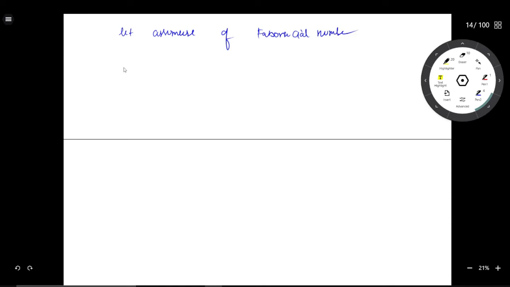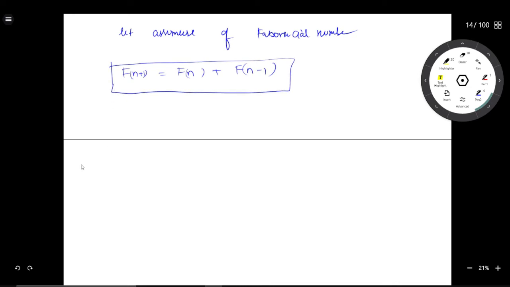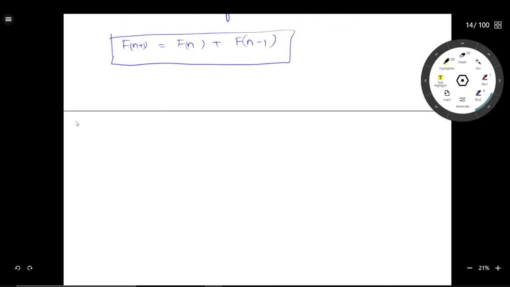We know f(n+1) = f(n) + f(n-1), and now we will solve this using matrix exponential.